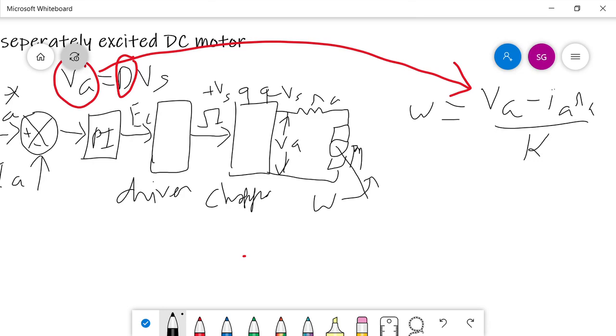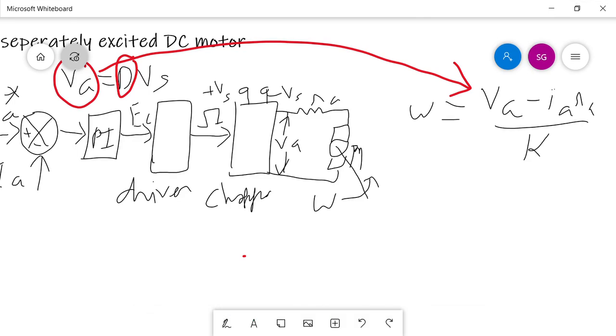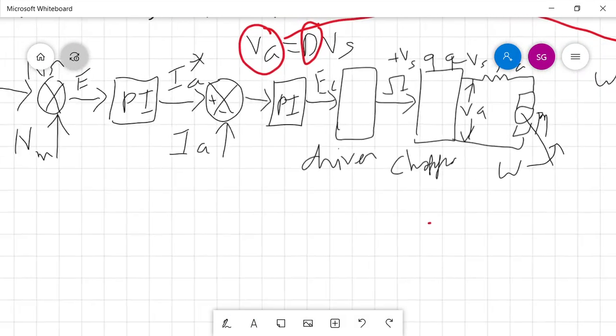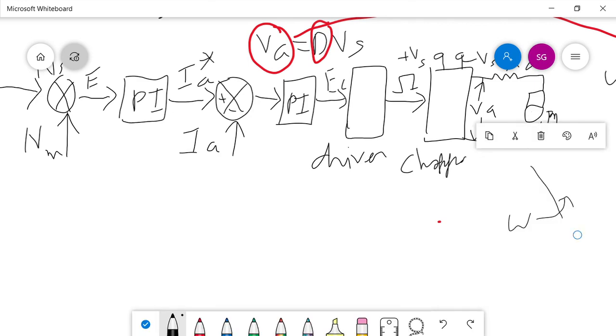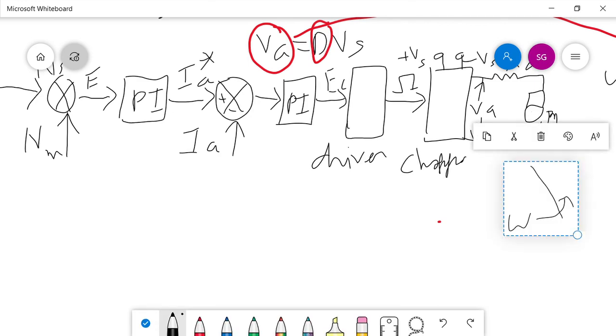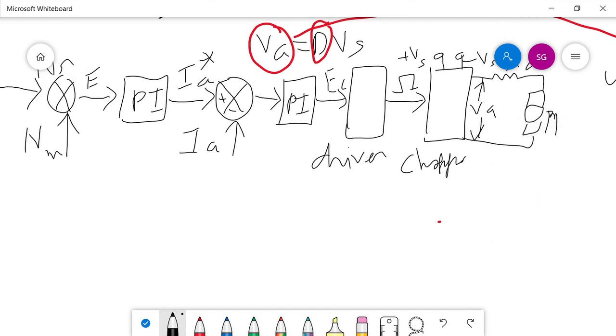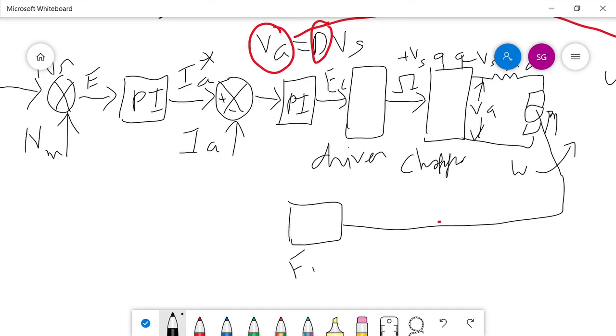Okay, so what we are going to do, we are going to sense this speed, and so we are controlling this omega speed, and then through a filter, sorry, we are writing this as NR.